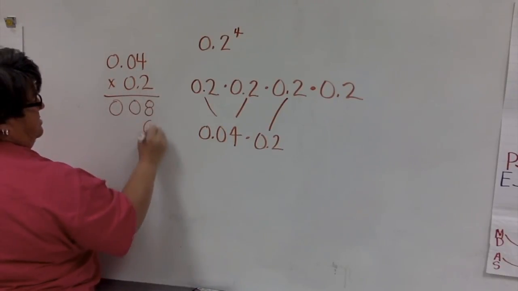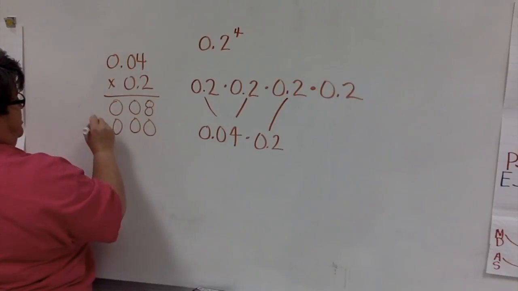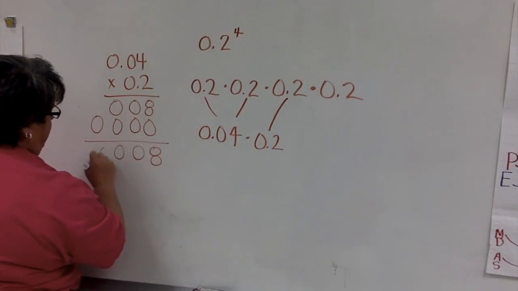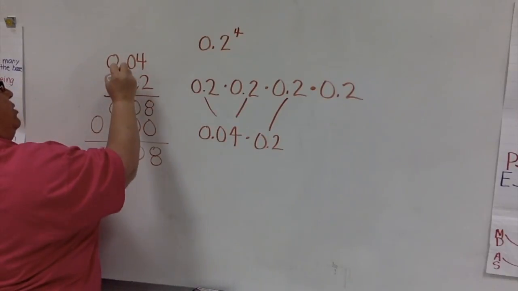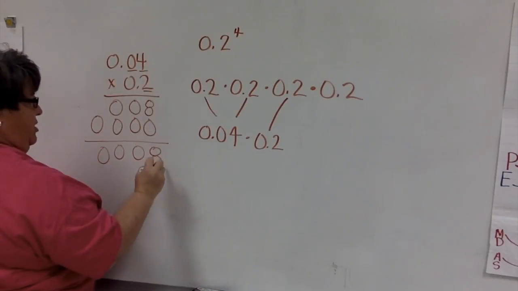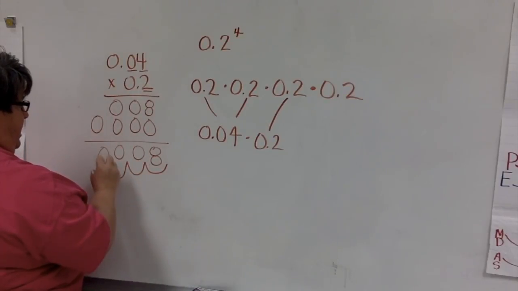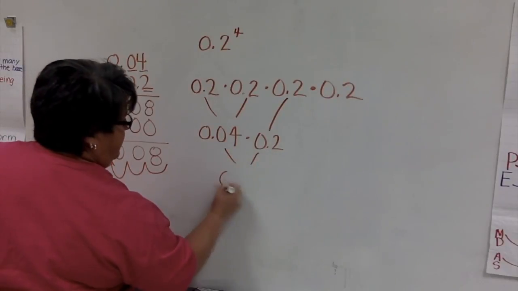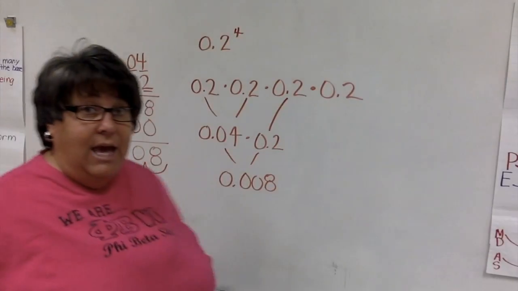I'm going to put in a placeholder. 0 times 4 is 0. 0 times 0 is 0. 0 times 0 is 0. I'm going to add everything up. How many numbers do I have after decimal points this time? 1, 2, 3. So I'm going to start to the right, count over 1, 2, 3, and that's where my decimal goes. So these two numbers multiply, 0.008. Am I done yet?